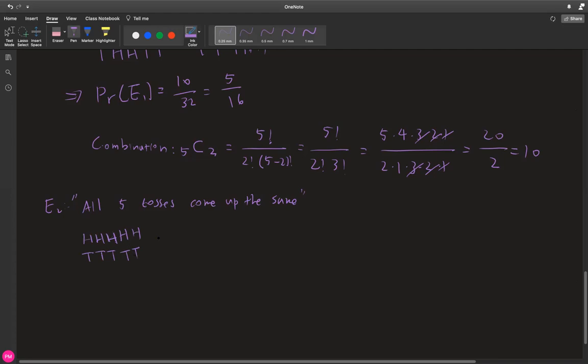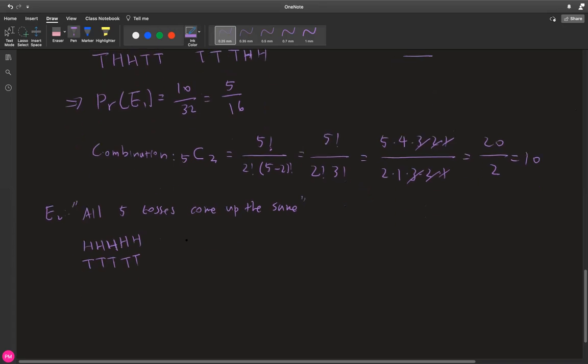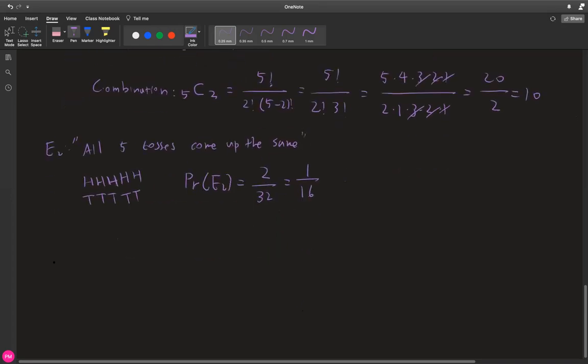Since we know there are a total of 32 possibilities, we can simply conclude that the probability of E2 in this case would be 2 out of 32, and by simplifying it, you have 1 over 16. I think that was simple enough.